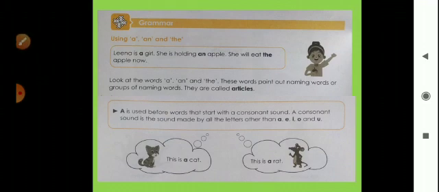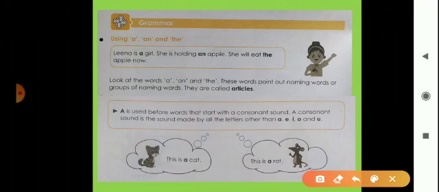Now here is a grammar section and we will see the use of a, an and the. What is this? These are articles. But when we use these articles, we will see. Lina is a girl. She is holding an apple. She will eat the apple now.